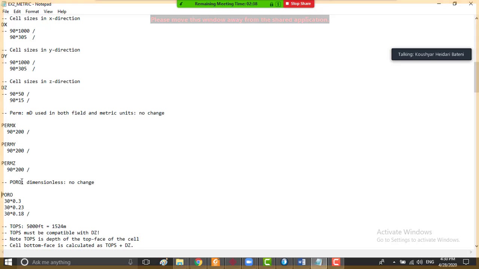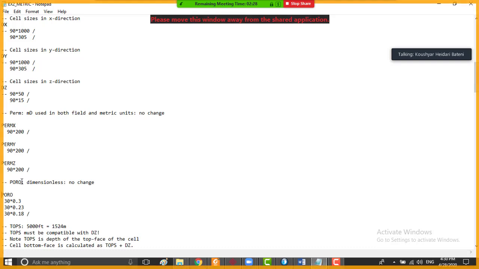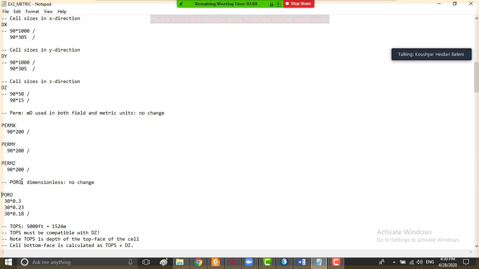As we go deeper into the reservoir, the overburden pressure gets higher, and we usually have a smaller percentage of porosity, right? Right. Now, in the first layer, we have 30% porosity, and in the first layer, how many blocks do we have?